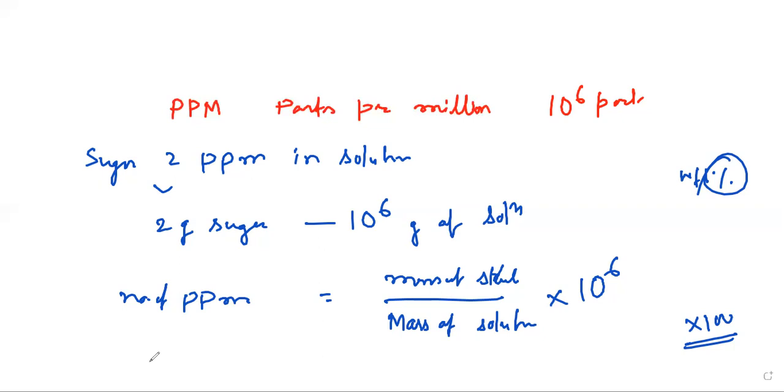Seawater contains 53 ppm of Na2CO3. Find the mass of Na2CO3 present in a glass of 250 ml. Okay, I have to find what, ma'am? 53 ppm of Na2CO3, find the mass of Na2CO3 present in 250 ml.